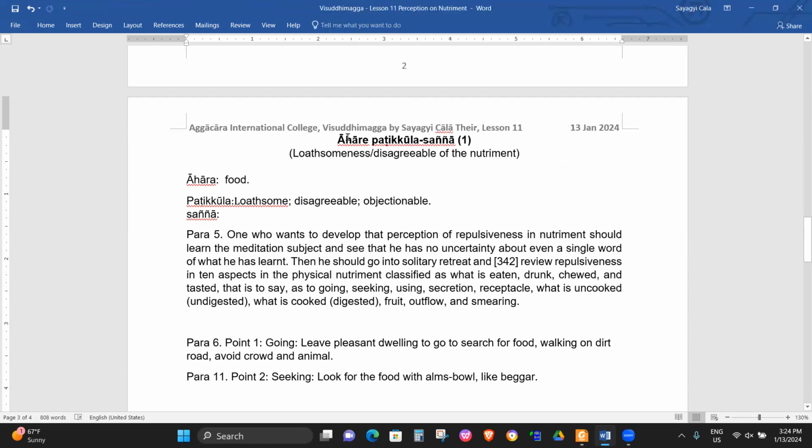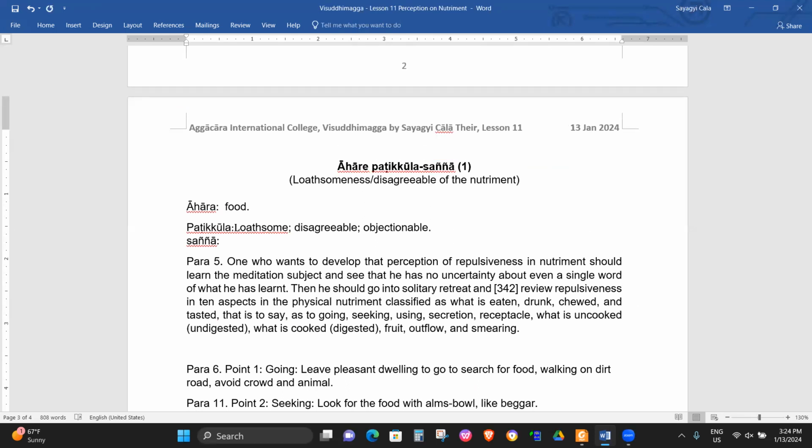Every time you see a Theravada text, a Pali text, it's good to know ahara. Ahara is food. Sometimes we use the word nutriment. Patikkula means loathsome, disagreeable, objectionable. Sanya is perception.